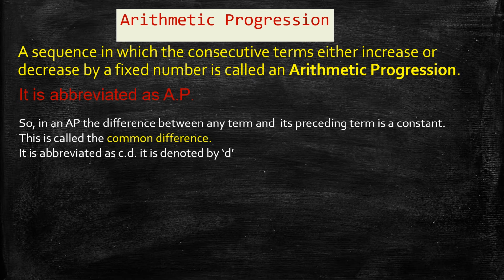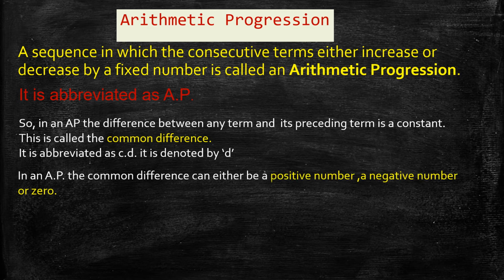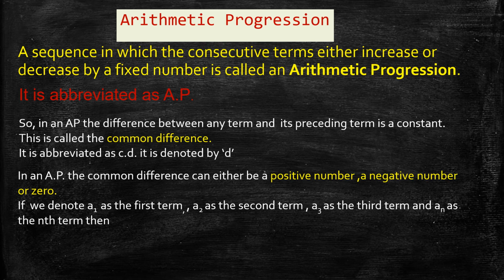Children, in an AP, the common difference can be either a positive number, negative number or 0. If we consider the first term of an AP as a1, second term as a2, third term as a3, and nth term as an, and the common difference as d, then the AP becomes a1, a2, a3, etc., an.